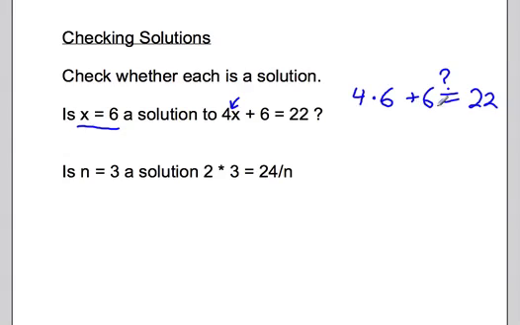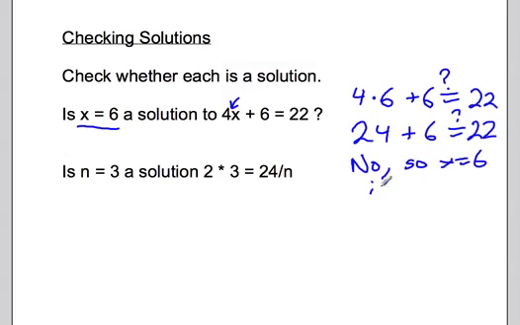Does 4 times 6 plus 6 equal 22? Let's see. We have 4 times 6 is 24 plus 6. Does that equal 22? No. So x equals 6 is not a solution.